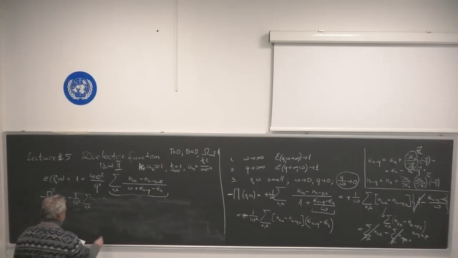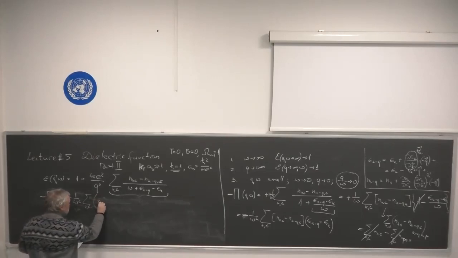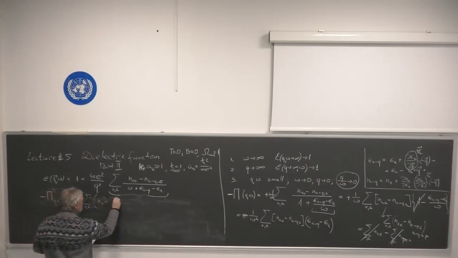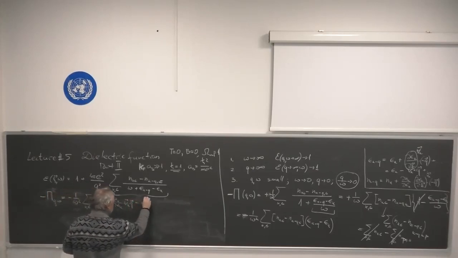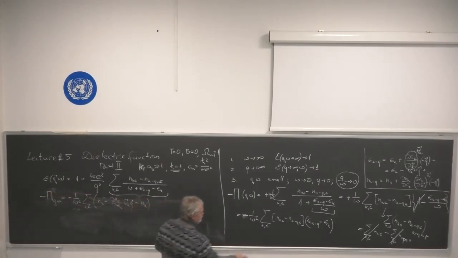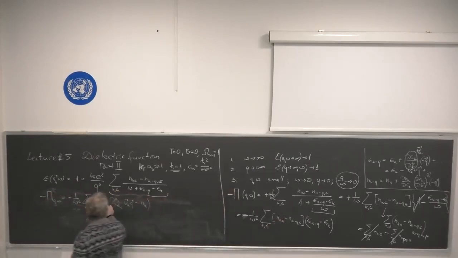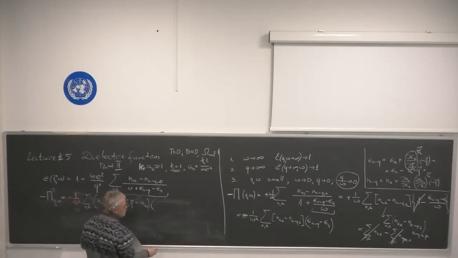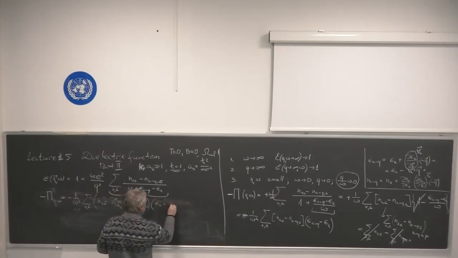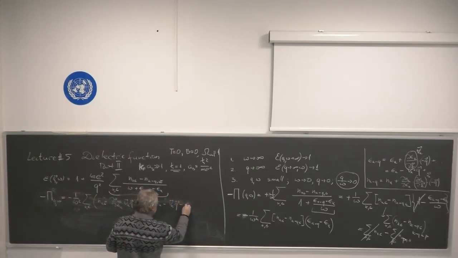So I have n k minus d n k over d epsilon k times v k q, minus n k. This is the first term, with sigma. The second term is epsilon k minus v k times q minus epsilon k.